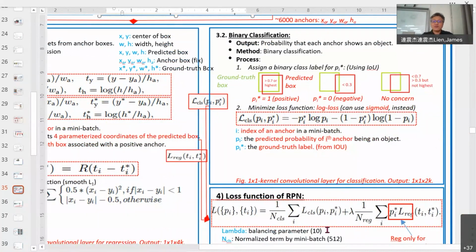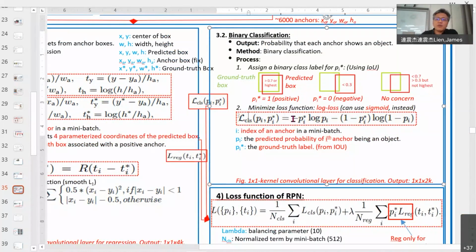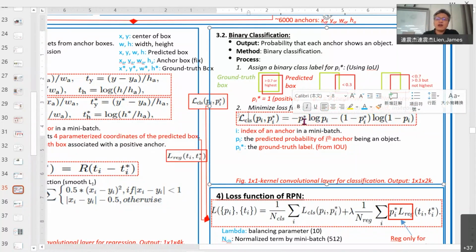Okay, so classification is easier. So even foreground here. And before we talk about cross entropy, because classification, so we use the cross entropy. And cross entropy, we use P star log P. P star is the ground truth, 1 or 0. P is the estimation result, prediction result.